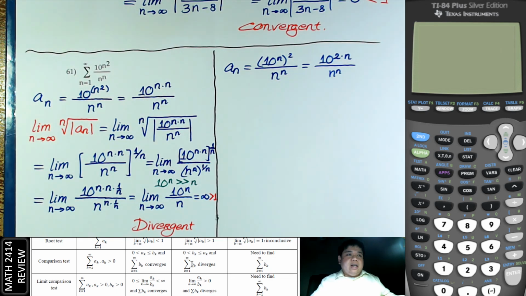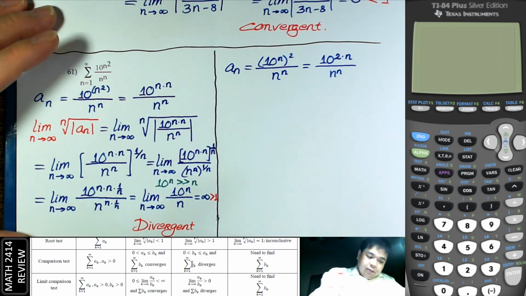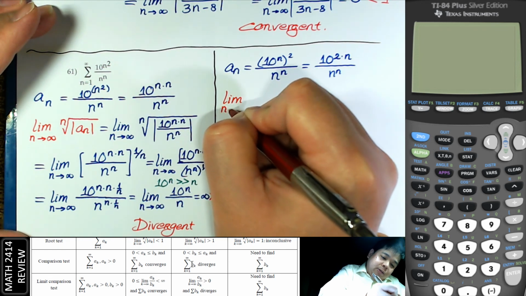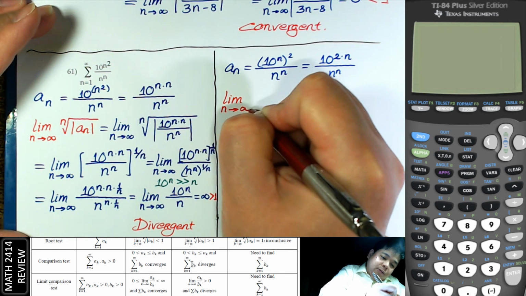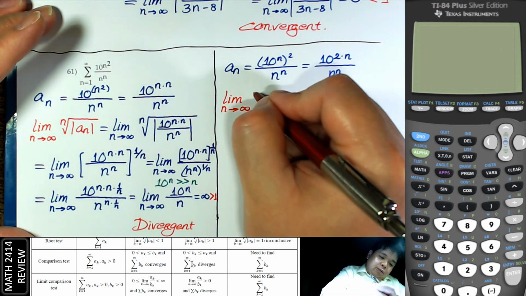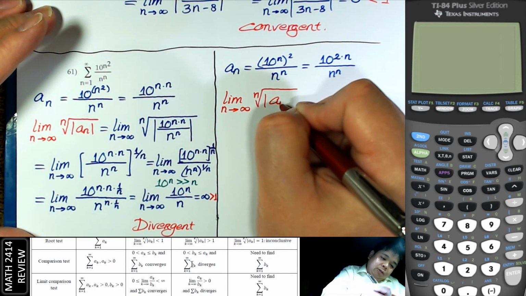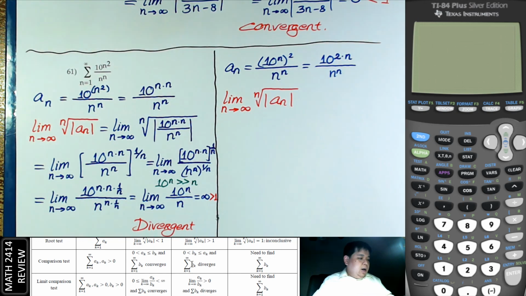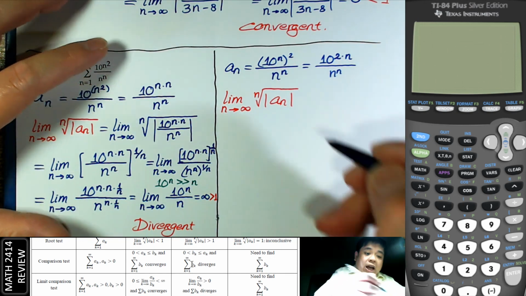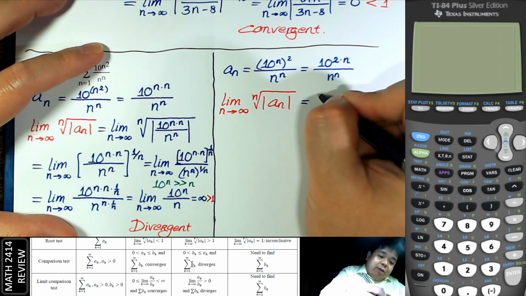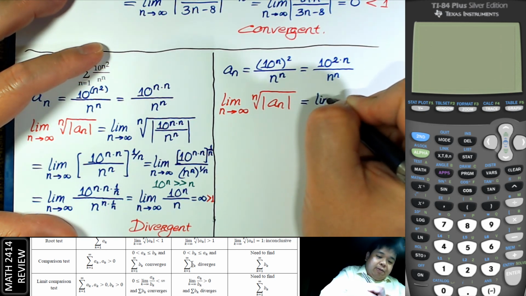Right, root test. Once again, we really don't need the absolute values here because the numbers are positive when n is positive.